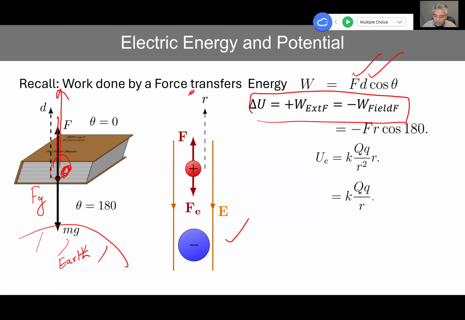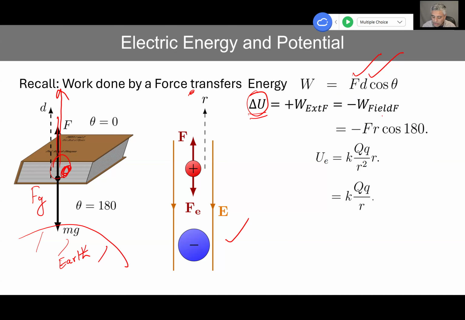So work done by external force and change in potential energy have the same sign, but work done by the force of the field, like electric force or gravitational force, and the change in potential energy are going to have opposite sign. What is happening is it's lowering the potential energy. So that's why that's negative, okay?